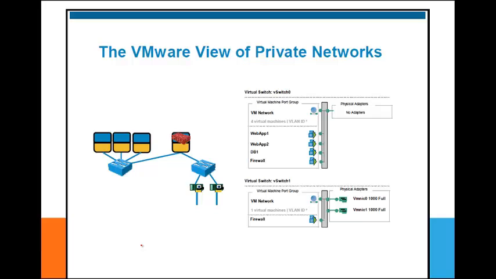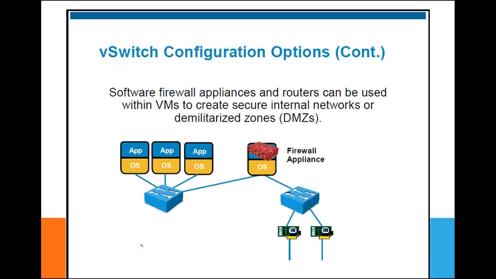Let's go back and read this. Software firewall appliances, so we can even have a firewall on the vSwitch. A software firewall appliance and a router, a software routing device, can be used within the VM to create a secure internal network or demilitarized zones, DMZ.